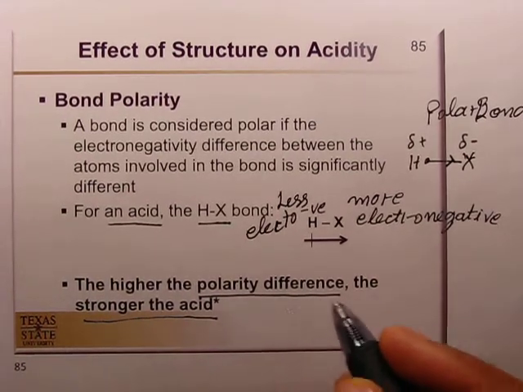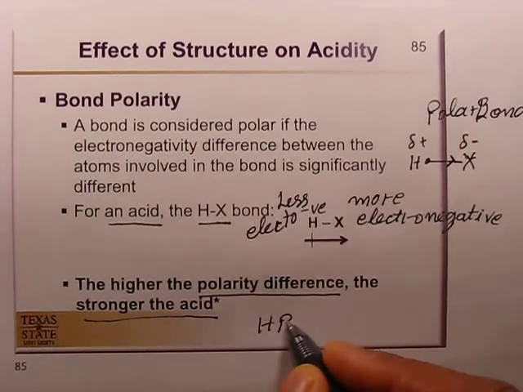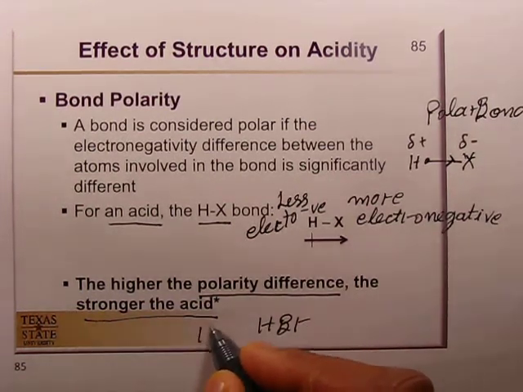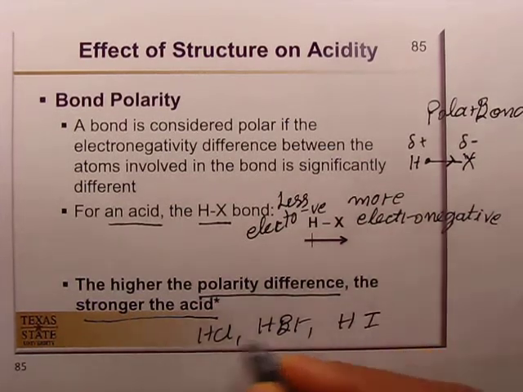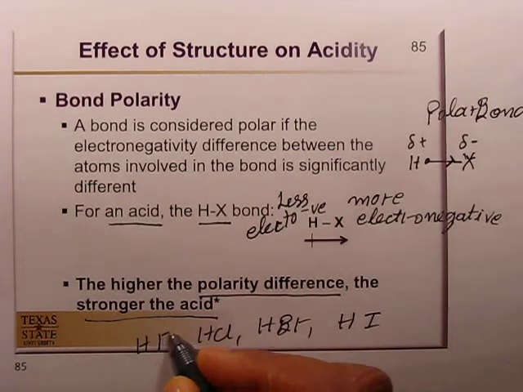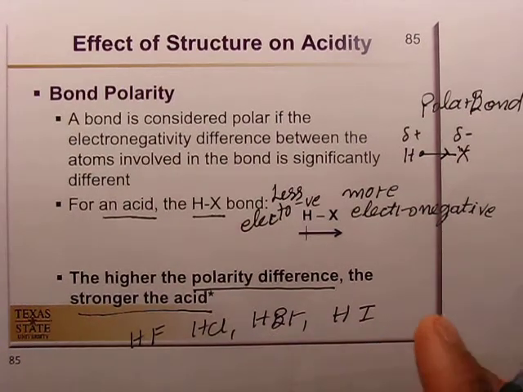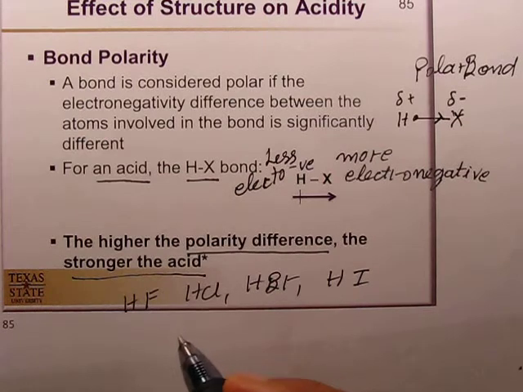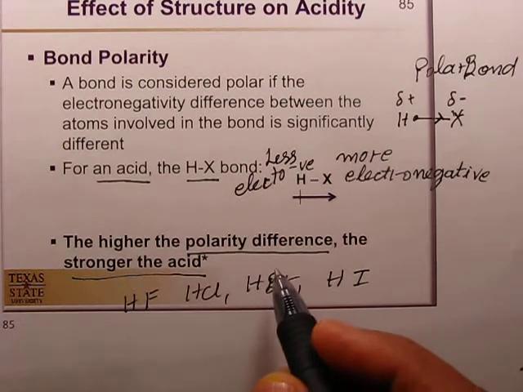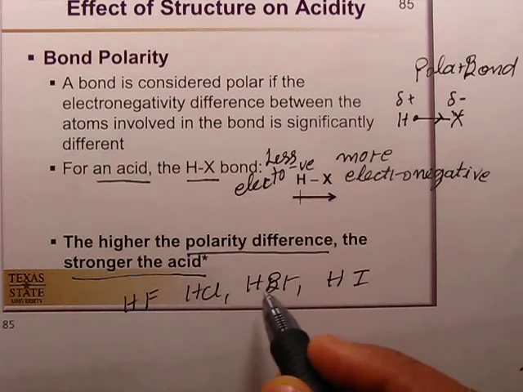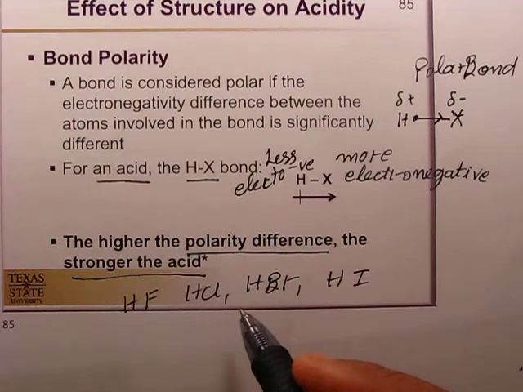So this is the reason. Then if you compare HBr, HCl, HI and HF, these are all halogenated acids, and the electronegativity difference will decide which acid will be stronger and which acid will be less strong.